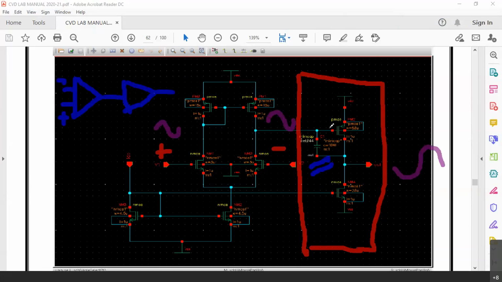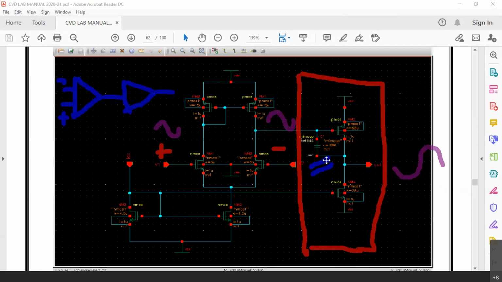We are giving input at the gate, and in the negative cycle PMOS is going to conduct, and when PMOS is conducting, there is a voltage drop across this resistance, and in the negative cycle we will have the corresponding positive cycle. In the positive cycle, PMOS is going to move slightly towards the cutoff region, and the voltage across this resistor will reduce, and that is when we have this negative cycle. So the common source amplifier is going to give a 180-degree phase shift. We already know about it.